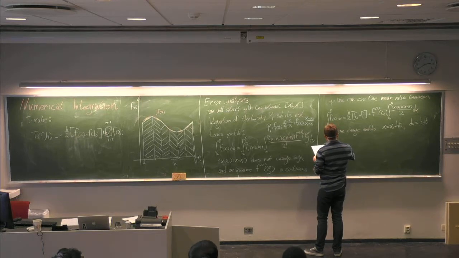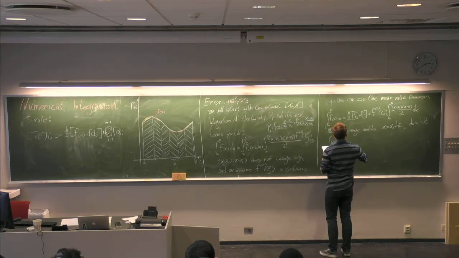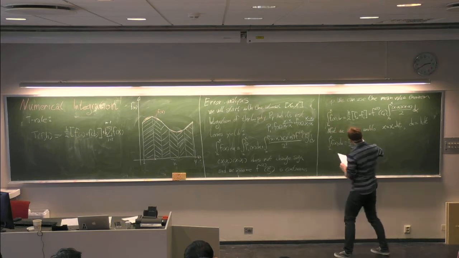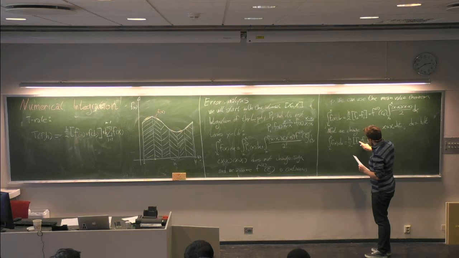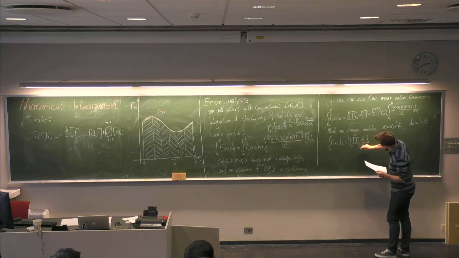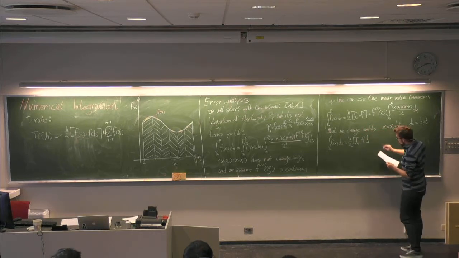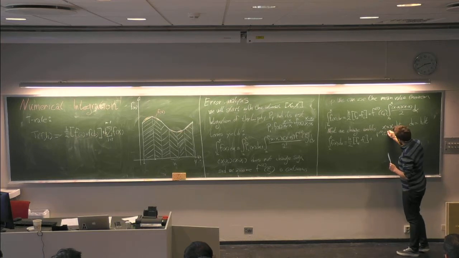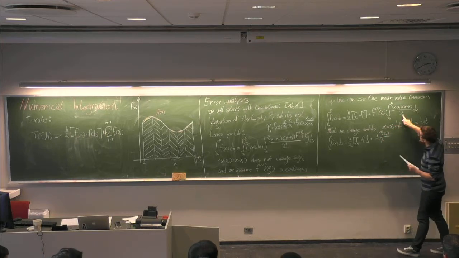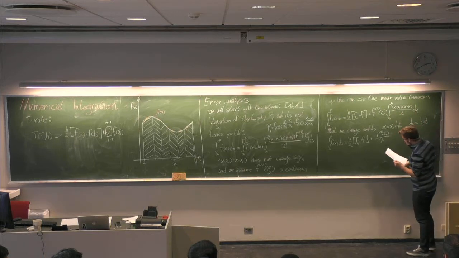And what we'll get, the integral from x0 to x1 of f(x) dx is h over 2 times f0 plus f1, plus this thing here, so c1. I'm going to change the 2 out of the integral.